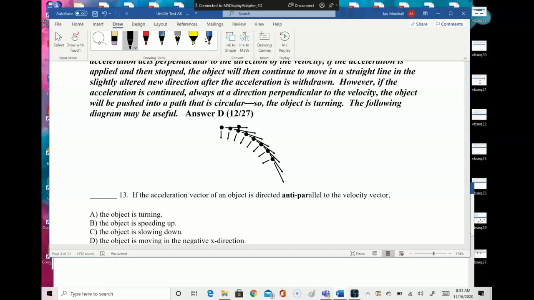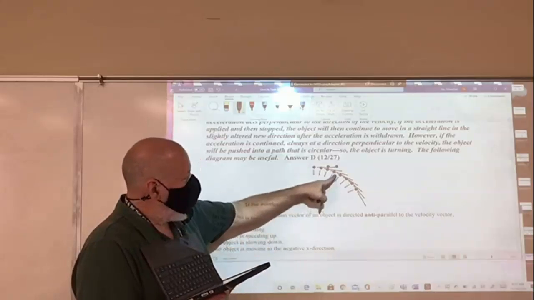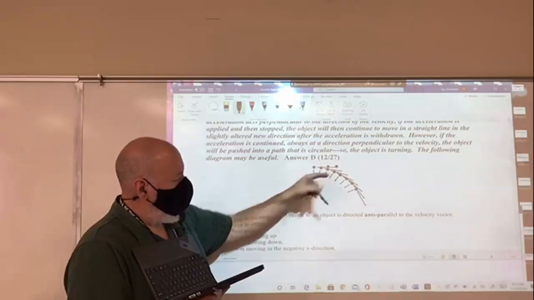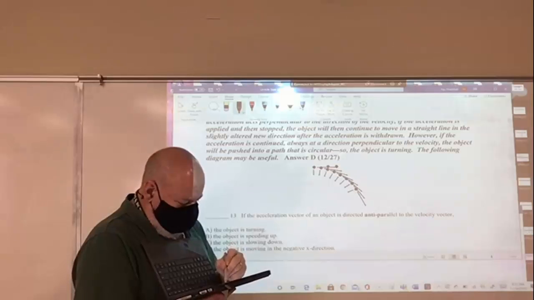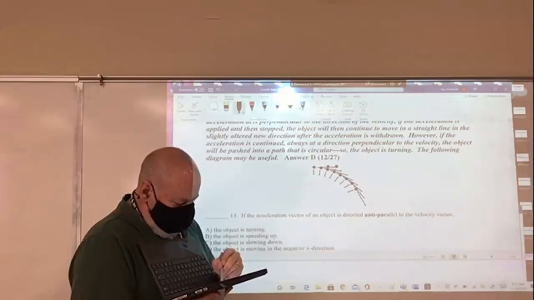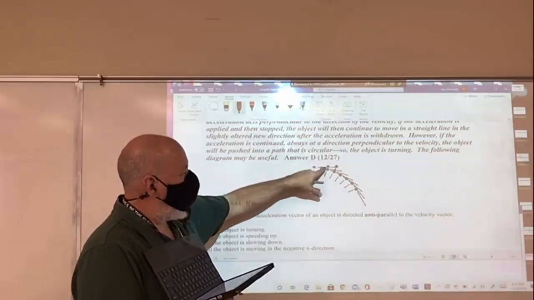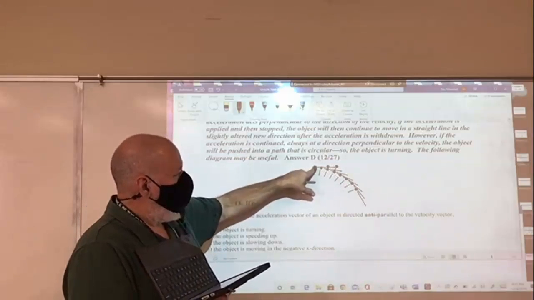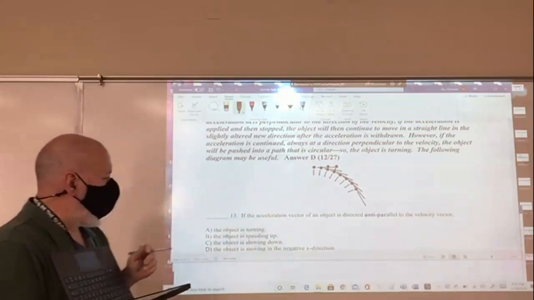When it gets to this point right here, it wanted to be up here, but something pulled it towards the center of the circle. So if I have a force that's acting on an object that's perpendicular, it will cause the motion to be circular.